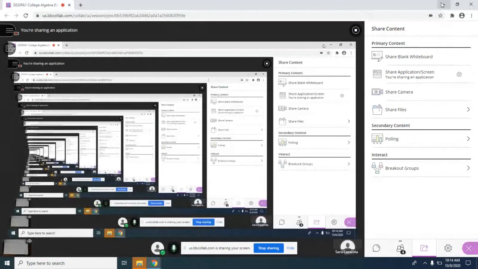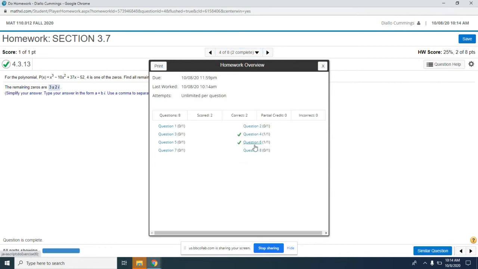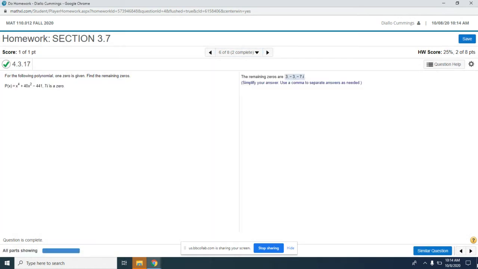All right, now let's check number 6. In problem number 6, we're given a polynomial and one of the zeros as in the last problem, and we're asked to find the remaining zeros. In this problem, we're given p of x is x to the fourth power plus 27x squared minus 324.